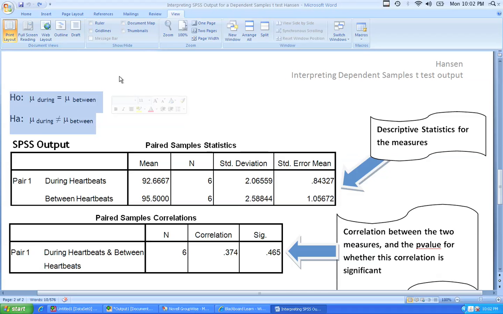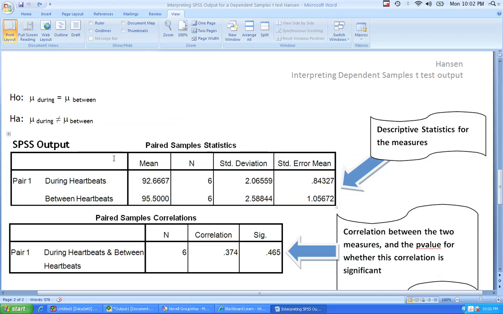The null and alternative hypothesis for this test are that the null is the mean for the during heartbeat group equals the mean for the between heartbeat group, and the alternative is that mu during is not equal to mu between. Recall that the dependent samples case requires that both the during and the between measures are on the same subjects.